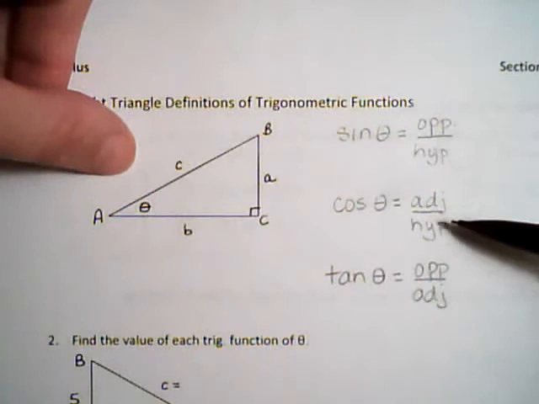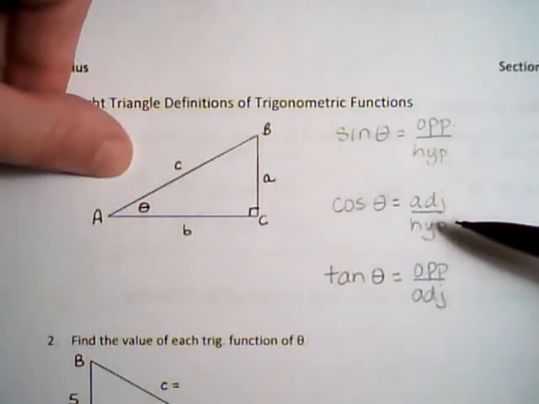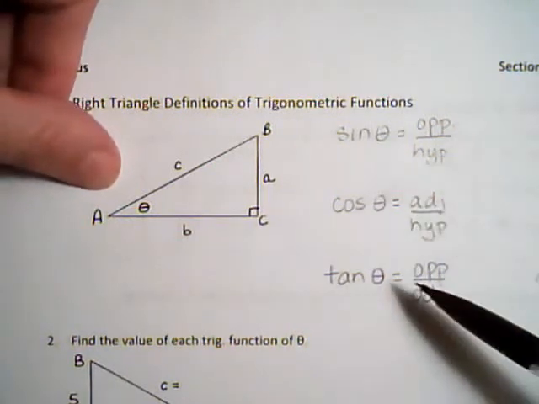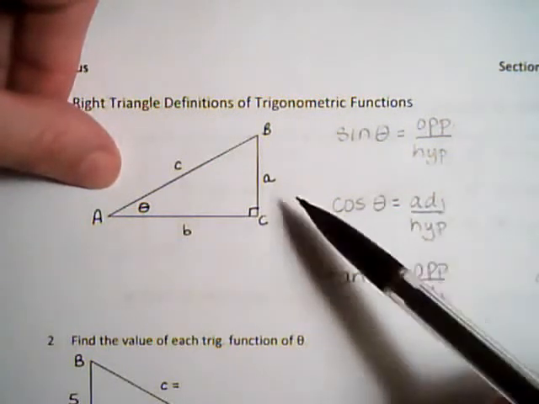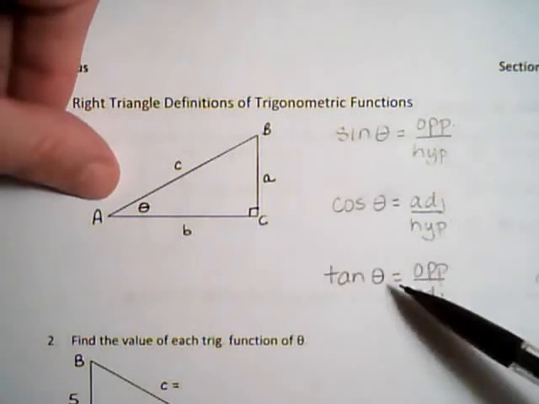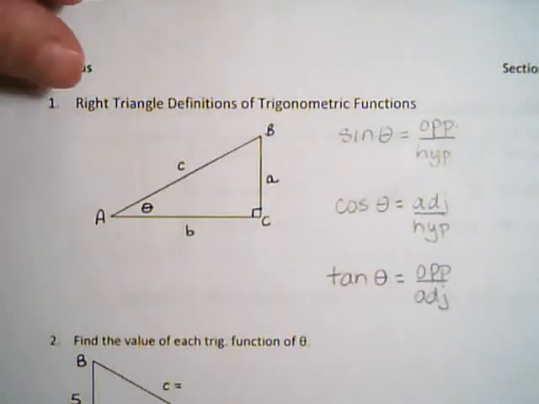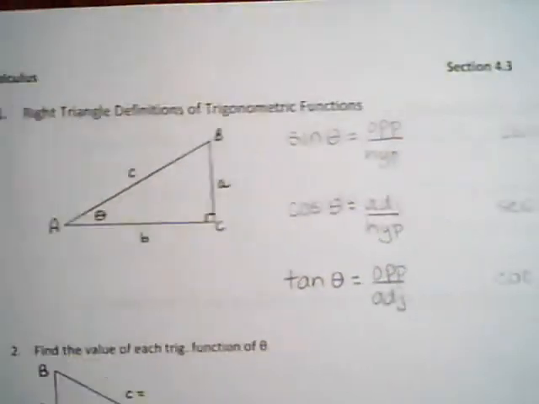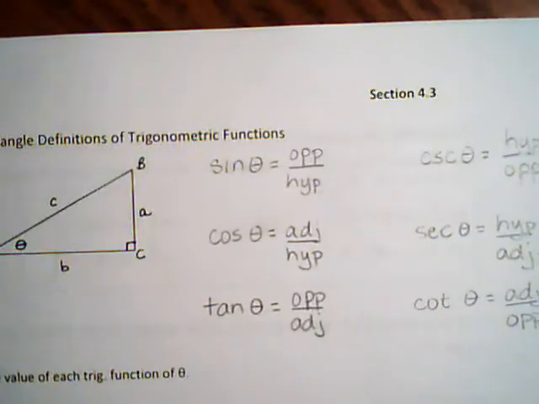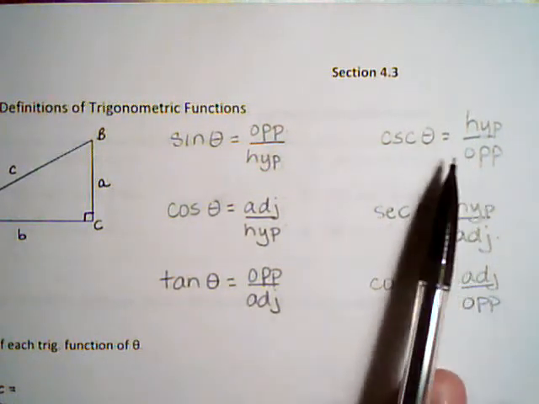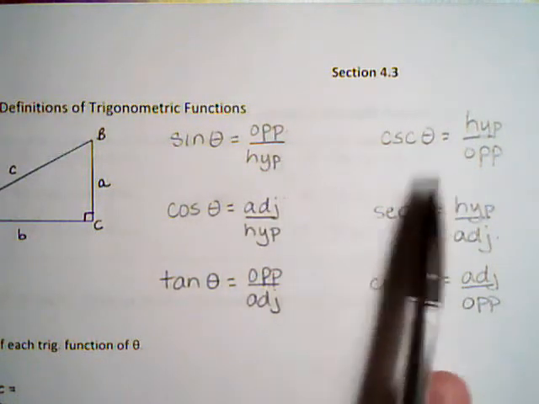The cosine of theta is the side adjacent to theta over the hypotenuse, and the tangent of theta would be the opposite side over the adjacent side.